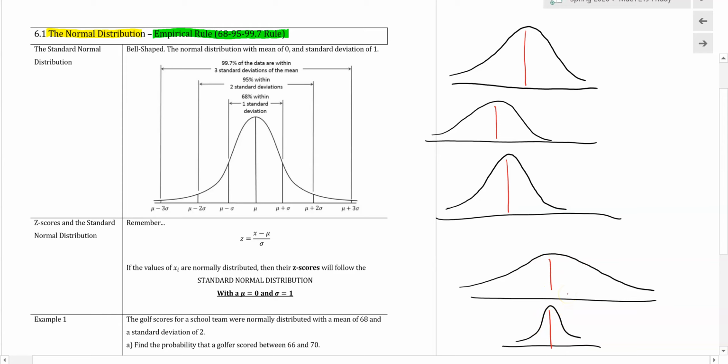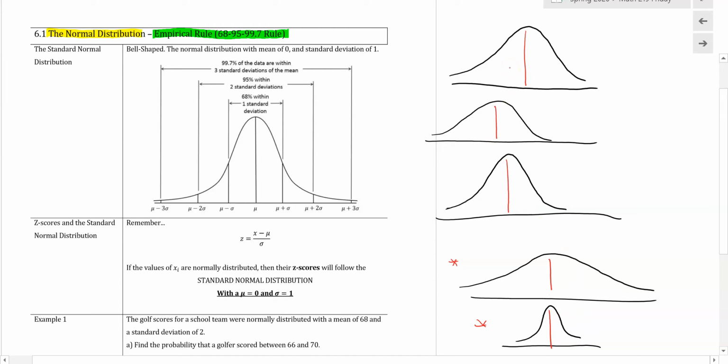When you have a large standard deviation, you have a lot of spread and you get something like this. When your standard deviation is small, you have a little bit of spread and your bell-shaped curve looks a little more like that. But these are all normally distributed.